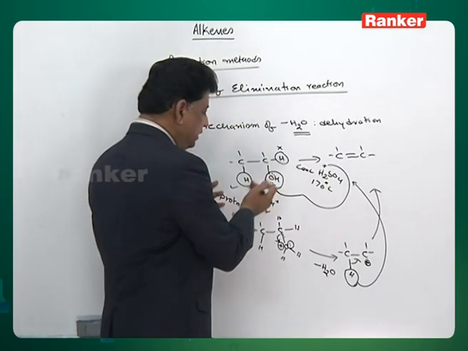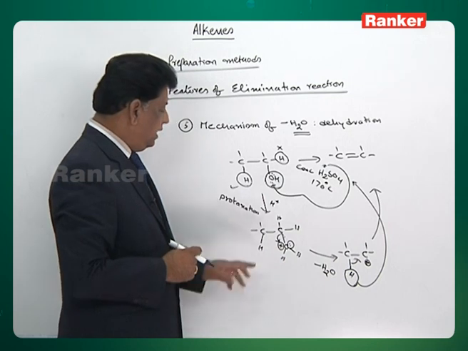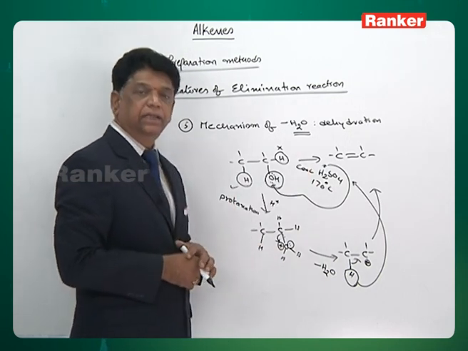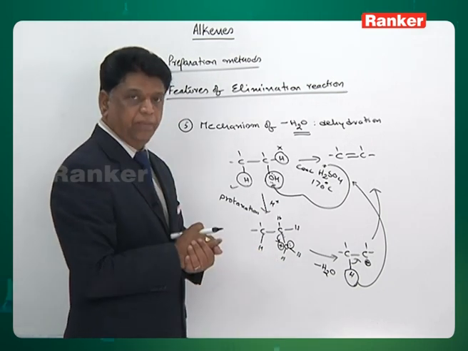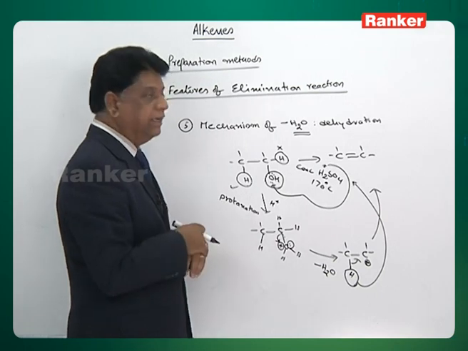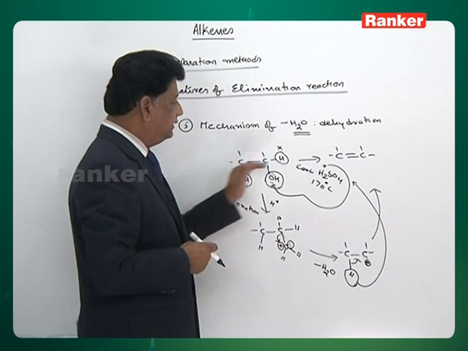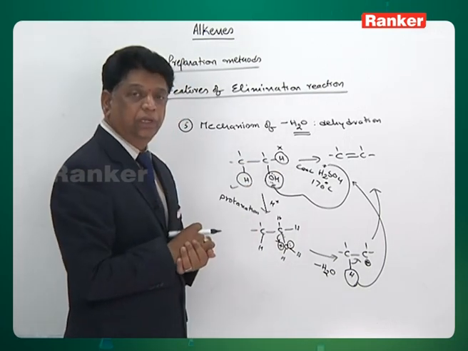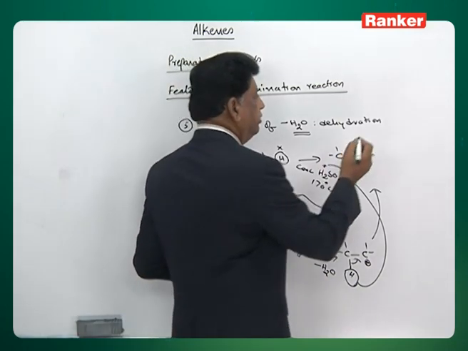So, sulfuric acid gives a proton, that proton with OH goes as water, and from the compound the beta hydrogen is removed, which is adjusted against the sulfuric acid. So, sulfuric acid donates a proton initially and takes it back at the end of the reaction. So, as the sulfuric acid concentration is more, the reaction takes place more, which shows the involvement of the proton. You have one more support also.